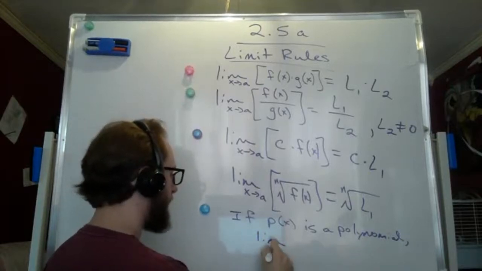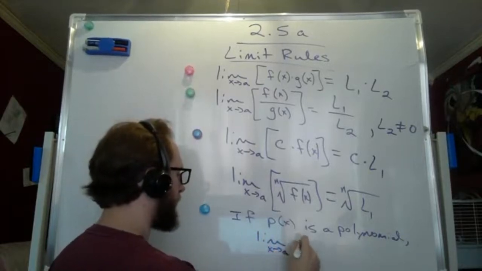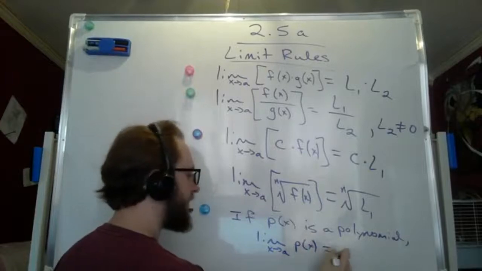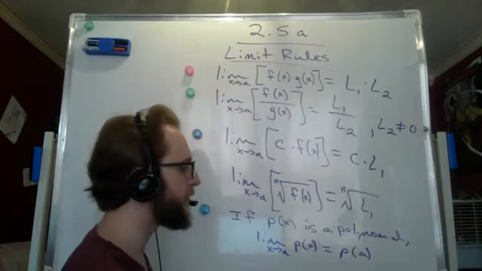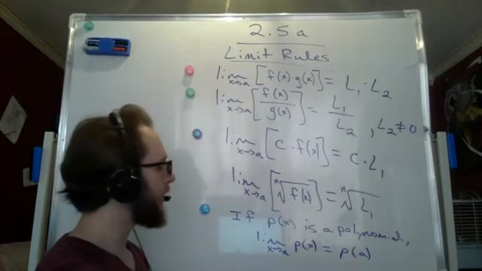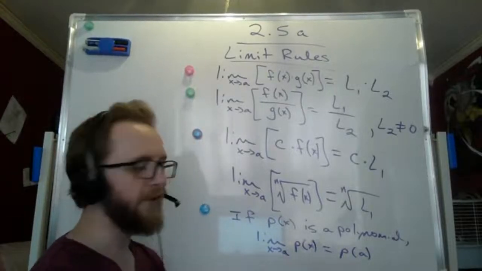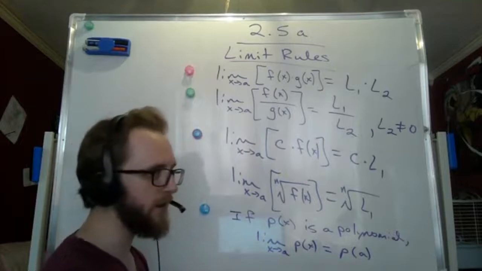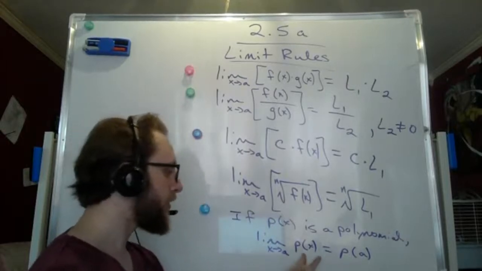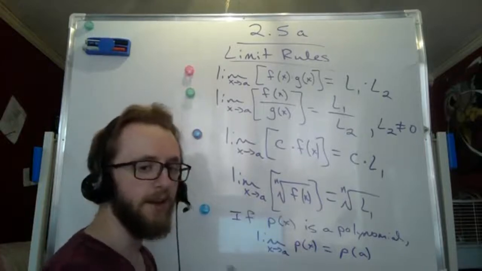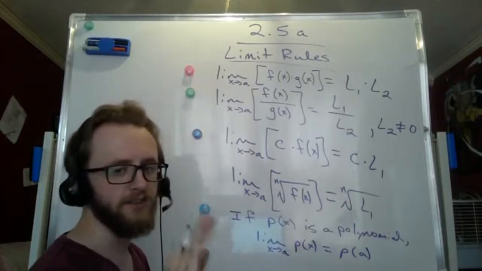the limit as x approaches a for the polynomial is just if you plug it in, which makes sense because, like we talked about before, if you can, you want to go ahead and plug in a to find your answer. And as long as you don't get any weird stuff, then that will be your answer. In the case of a polynomial, you're going to be able to do that every time, which is nice.